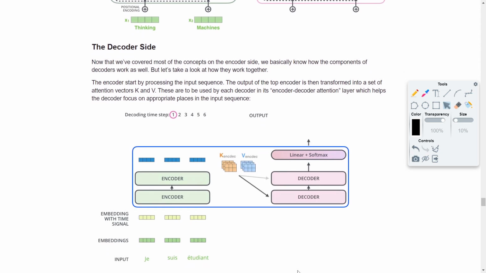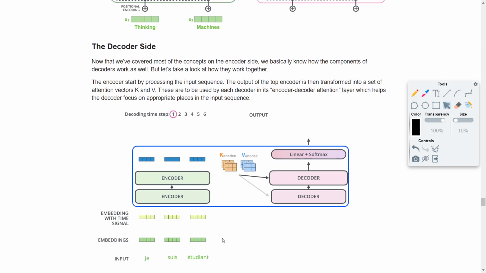If we try to understand where we are using the decoder, in the decoder one thing is we are passing the outputs, and at the same time we are passing the outputs that we got from the encoder block. So for example, this was the input sentence that I had, and I converted those into embeddings.